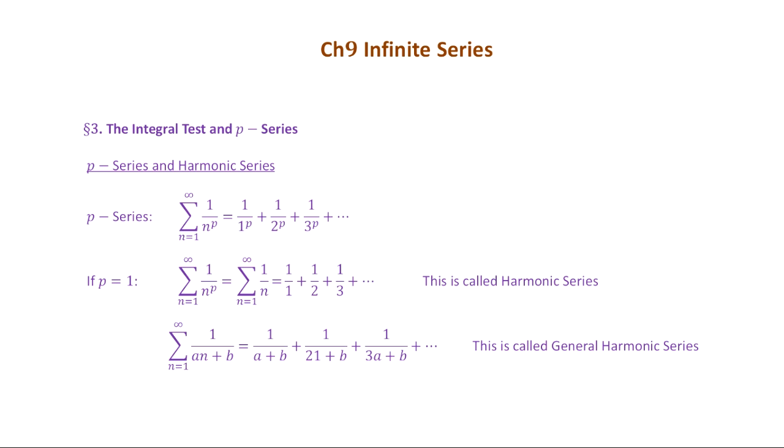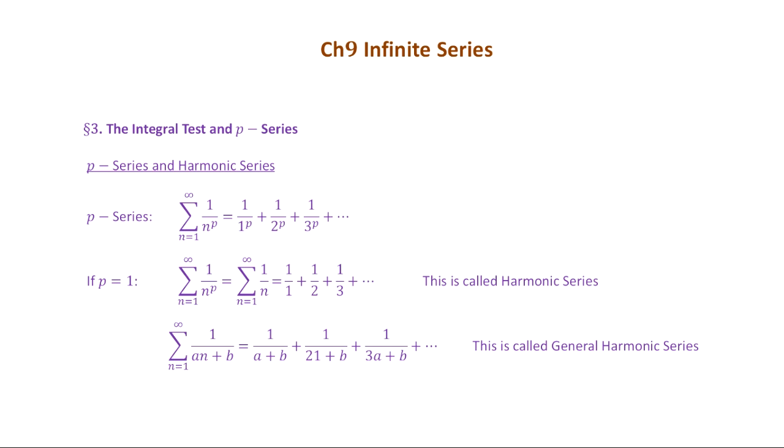So what is that series? It's 1 over a plus b when n equals 1, and then 1 over 2a plus b when n equals 2, and 1 over 3a plus b when n equals 3. So you just add all those fractions, and that's called the general harmonic series.